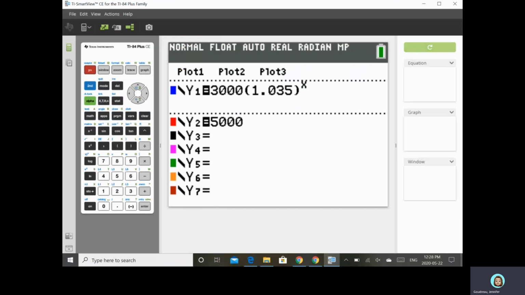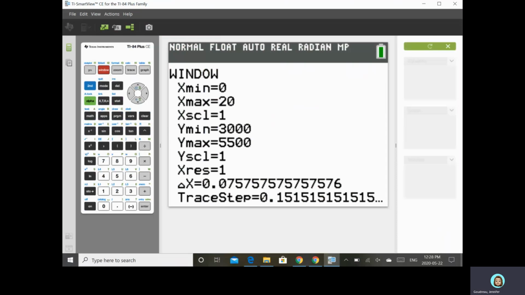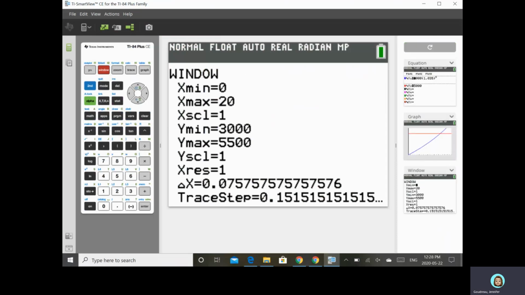Now, before we graph this, we have to make sure that our window settings are going to actually show us that intersection point. For the window, I have set my X minimum at 0. X is representing the number of years for the investment, so we can't have a negative number of years. I let my X minimum be 0. And I set the X maximum at 20. And again, I'm just sort of guessing.